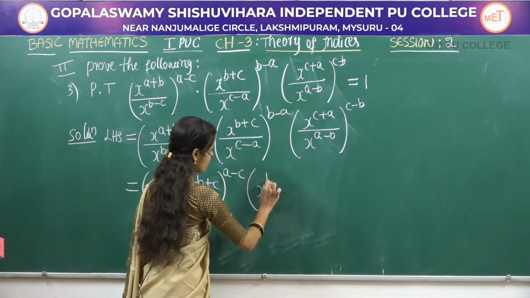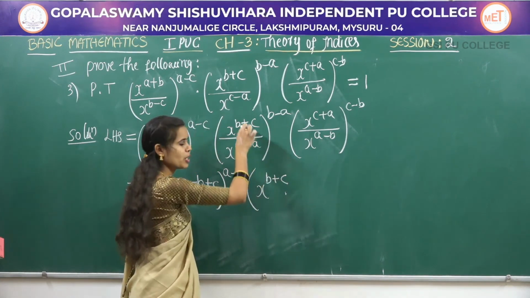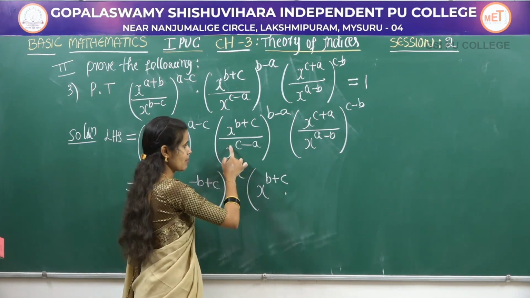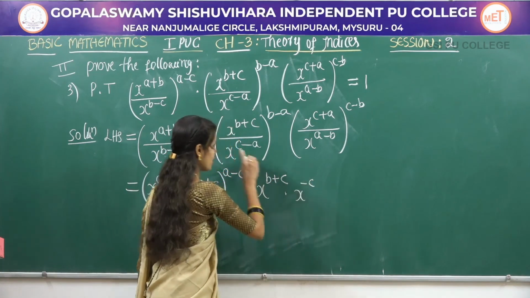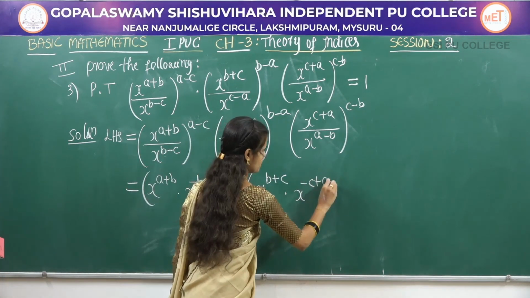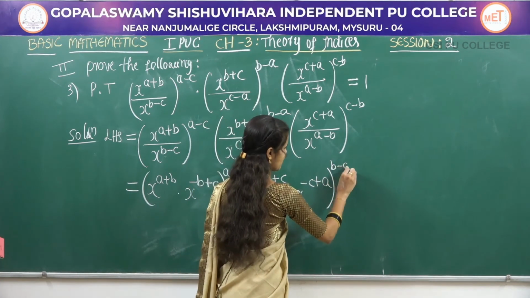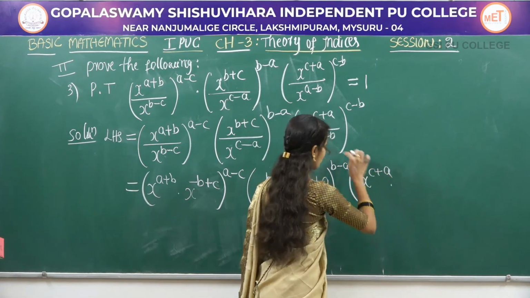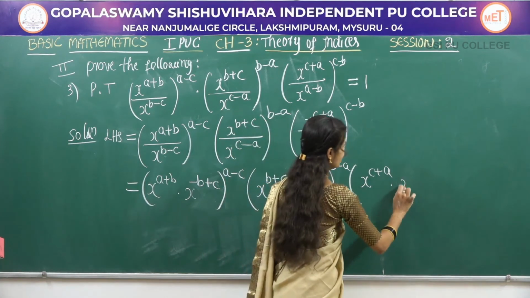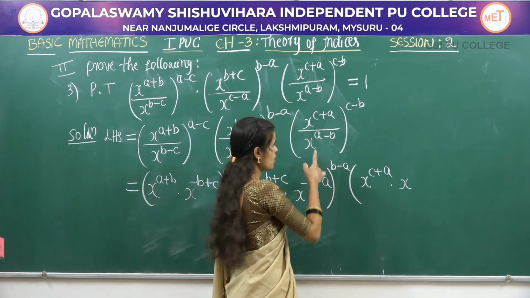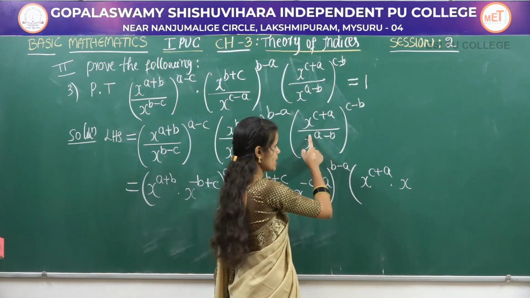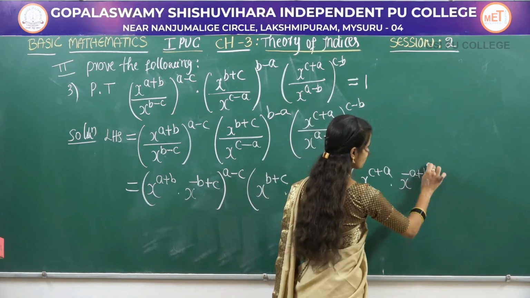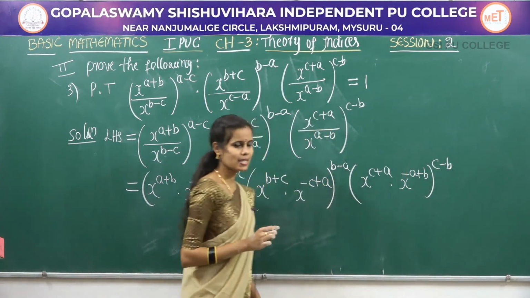Here also x to the power of b plus c as it is, into, take this term into the numerator: x to the power of c minus a becomes minus of c minus a, which is minus c plus a, to the power of b minus a, into x to the power of c plus a as it is, into, take this term into the numerator: x to the power of a minus b becomes minus of a minus b, which is minus a plus b, to the power of c minus b.